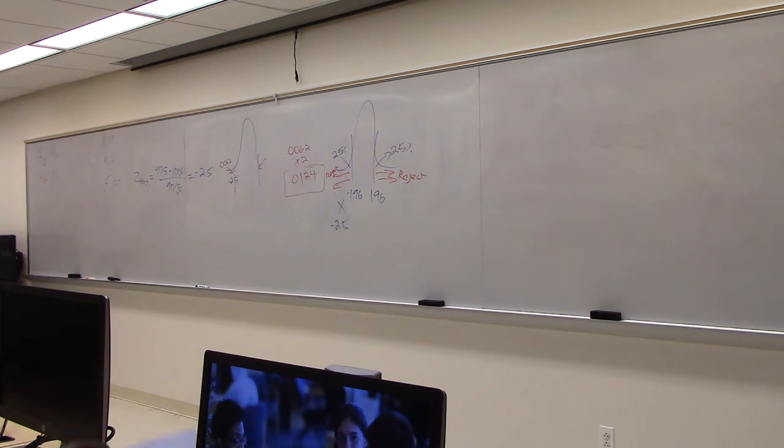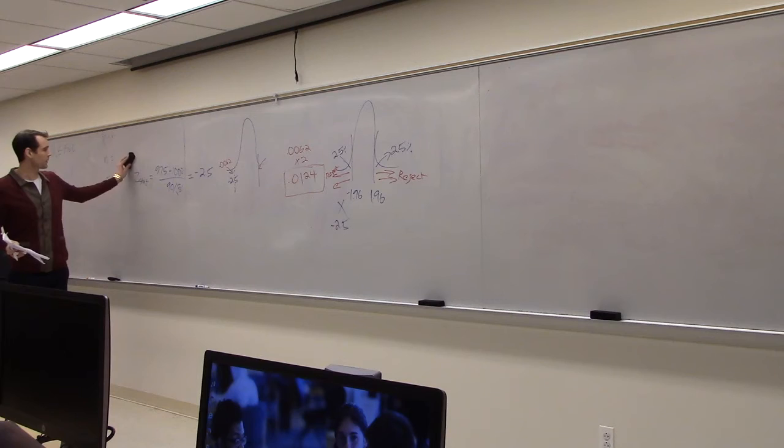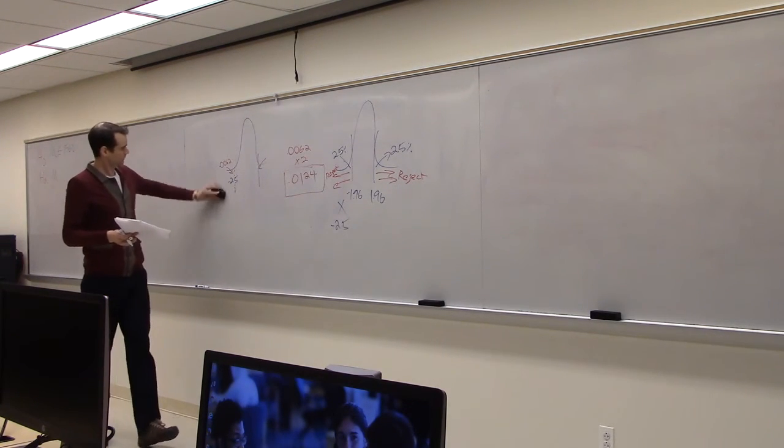So suppose instead of telling us that the mean rent was $15.60, the realtor told us that the mean was less than or equal to $15.60.